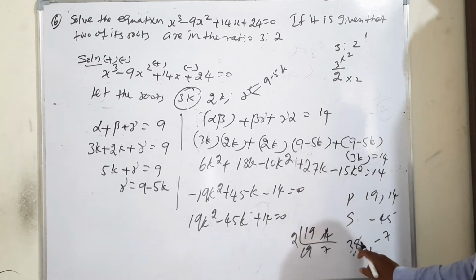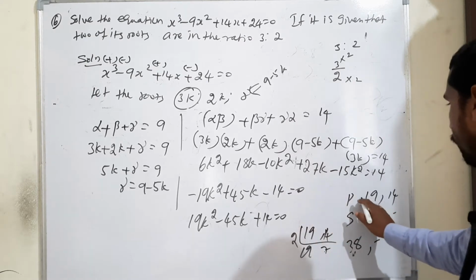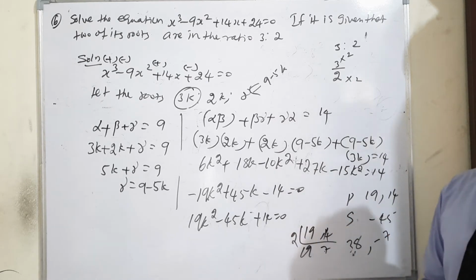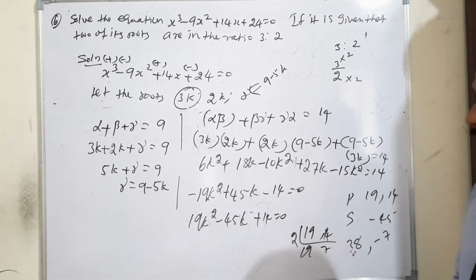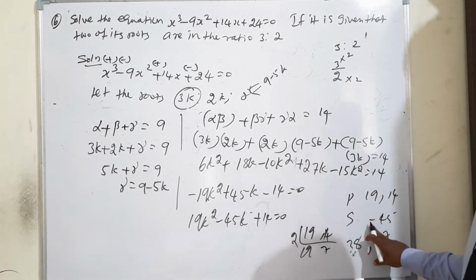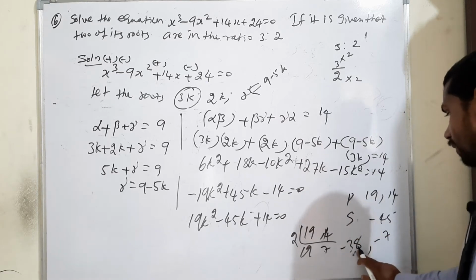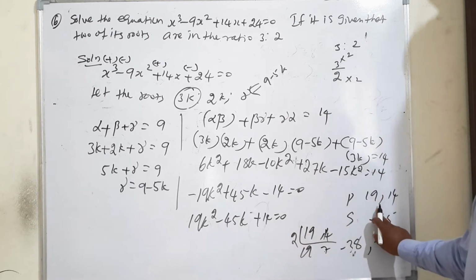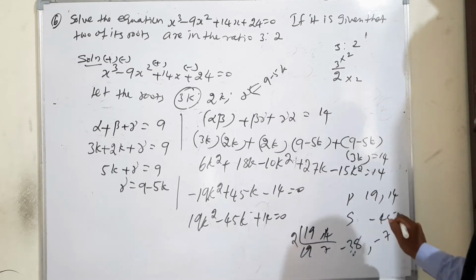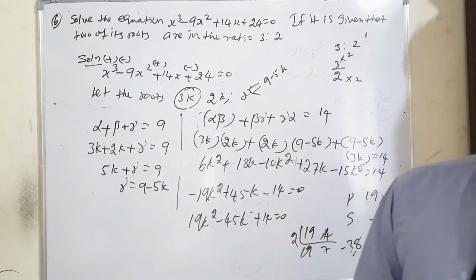Sorry dear, actually product means positive sign, so select the same sign, whether both positive or both negative. Here the sum is negative, so definitely minus 38 and minus 7. Now you can check it: minus 38 into minus 7, the value will be 266, since 19 into 14 is 266. Then add: minus 38 minus 7 gives minus 45.